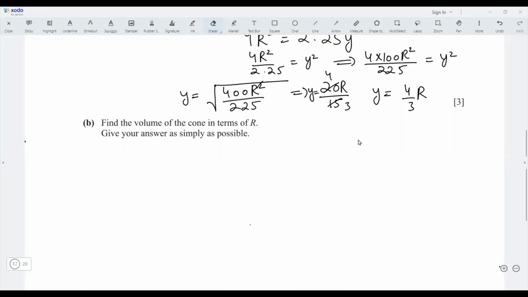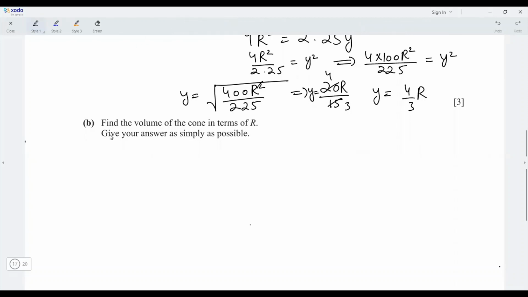After this, finding the volume of the cone in terms of R. Actually, the formula is basically V equals 1/3 pi r squared h. So we know r is basically y, and it is given as 4 by 3 R, but h is not given in terms of R. So actually for the cone, it must have a right angle triangle with height, slant height, and radius.